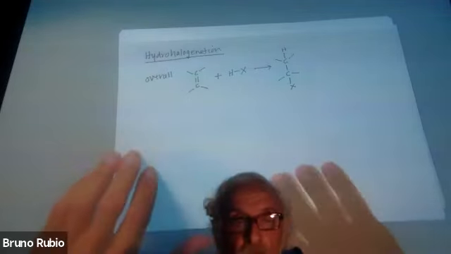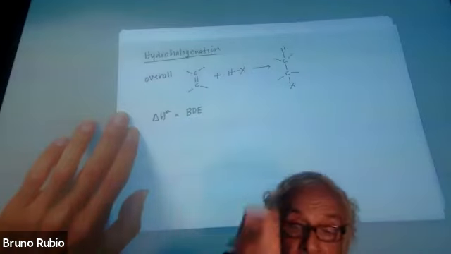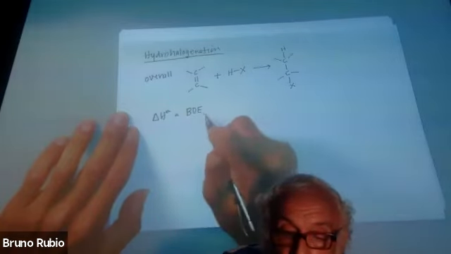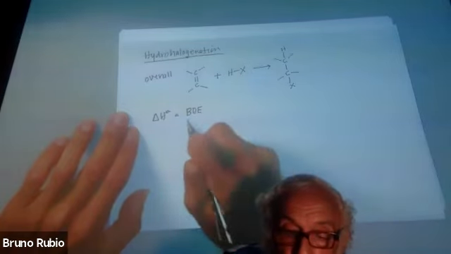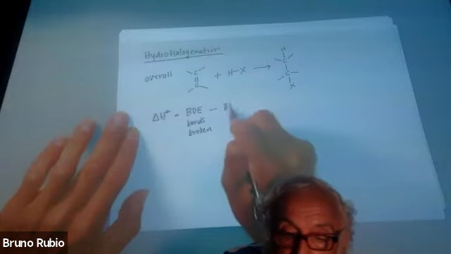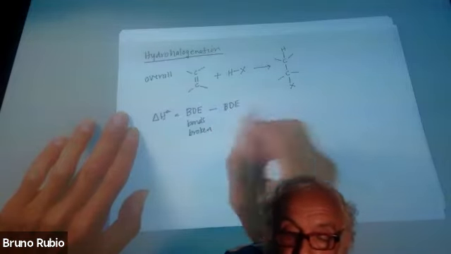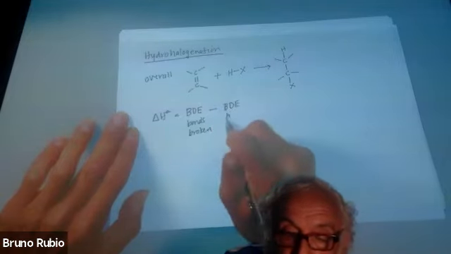And here, remember that the delta H standard of the reaction is equal to the bond energies of the bonds broken minus the bond dissociation energies of the bonds that are formed.